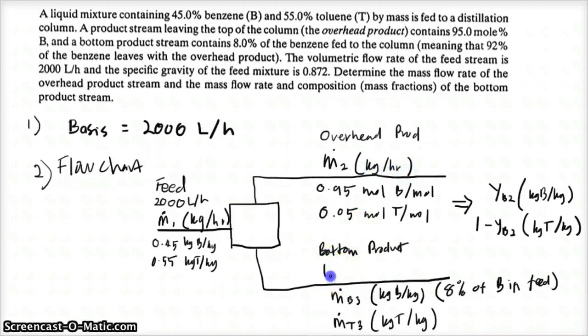And this one is M dot 3, still kilogram per hour. So that's our flow chart, and next we move to what else? Write an expression.